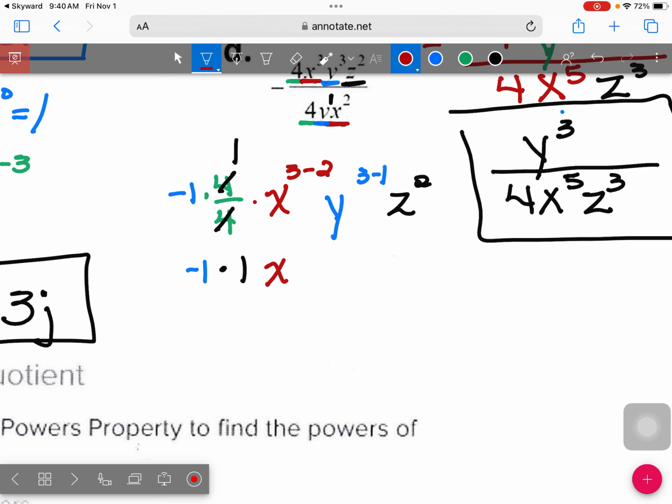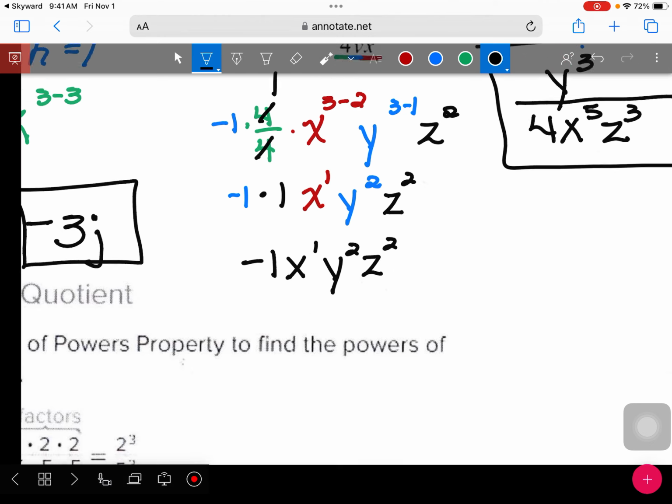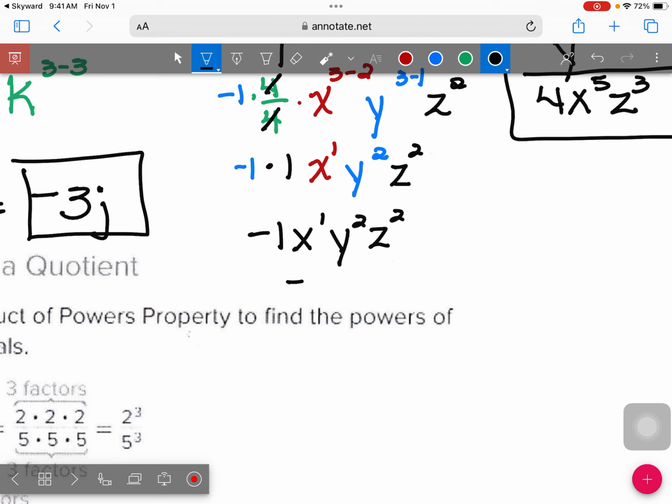Times x to the 3 minus 2 is x to the 1st power, y to the 2nd power, and z to the 2nd power. -1 times 1 is -1. x to the first, y squared, z squared. If you want to get rid of the 1, it'd be negative x, y squared, z squared. Okay?